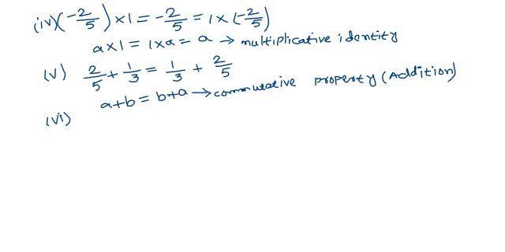So what kind of property is this? a into b is equal to c. Yes or no? Now what is the answer? It is the closure property under multiplication.